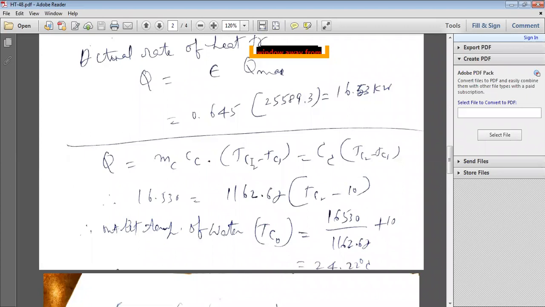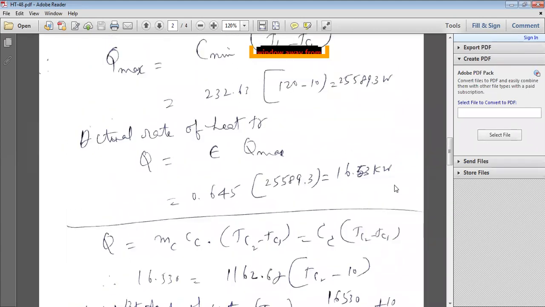Heat picked up by the cold water is mass into specific heat into outlet temperature minus inlet temperature of the cold liquid, that is MC into CC into TC2 minus TC1, which is equal to capital CC, the heat capacity of the cold fluid, into TC2 minus TC1.